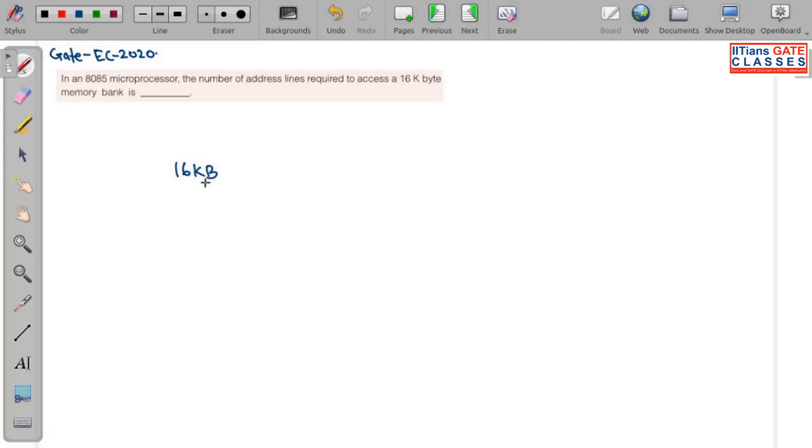Now can anyone tell me, for representing 1 kilobyte of memory, how many address lines do we require? 1 kilobyte means what? 1024 bytes. So for representing this we require 2 to the power 10.